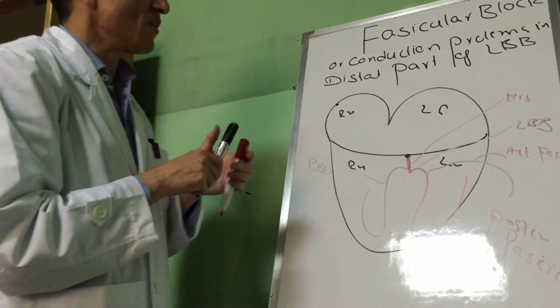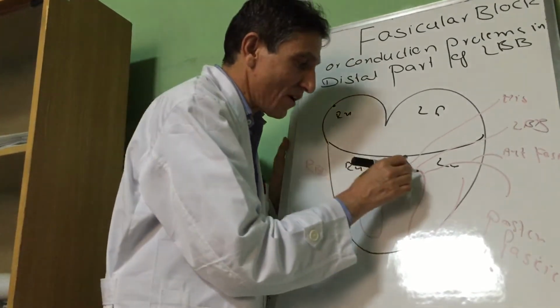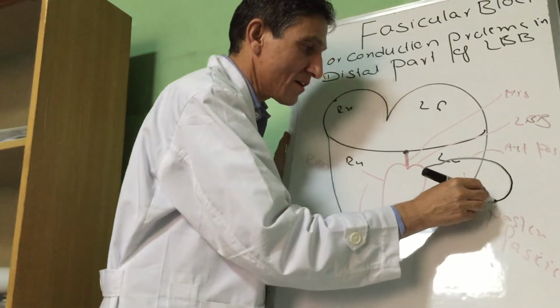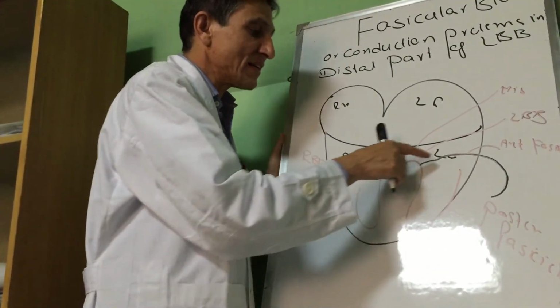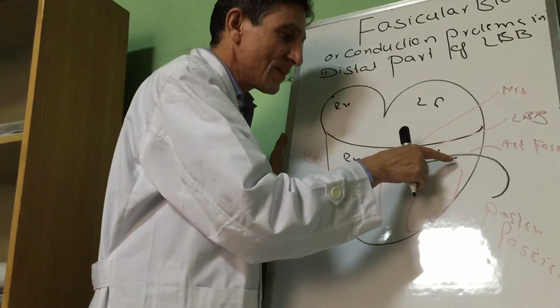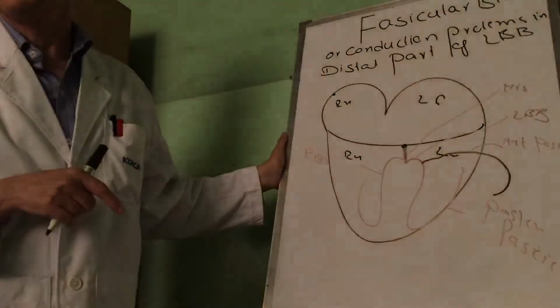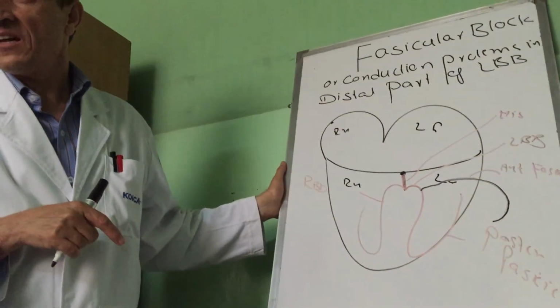Now, first of all, we are discussing the anterior fascicular block. If this part of the left bundle branch, which is called the anterior fascicle, is blocked, what really happens? What would be the cause? What would be the ECG pattern?